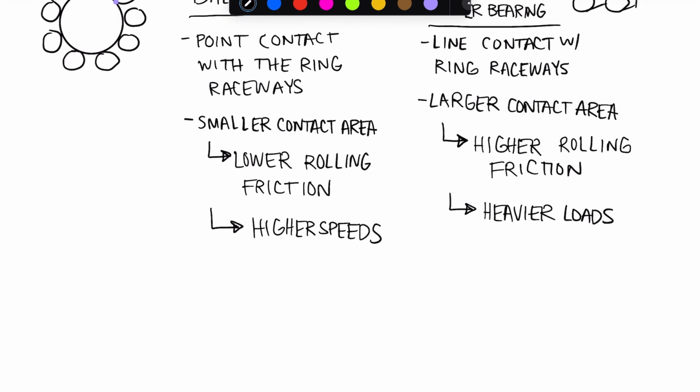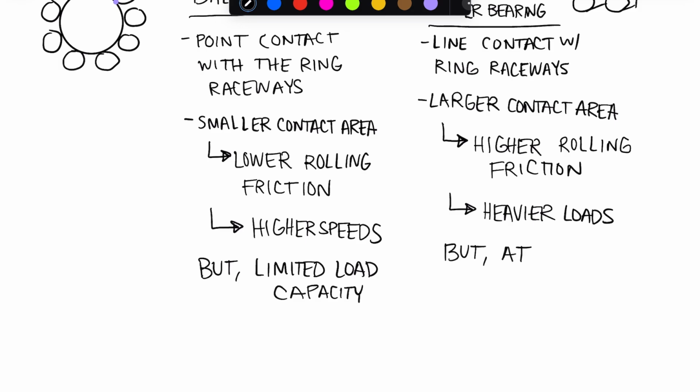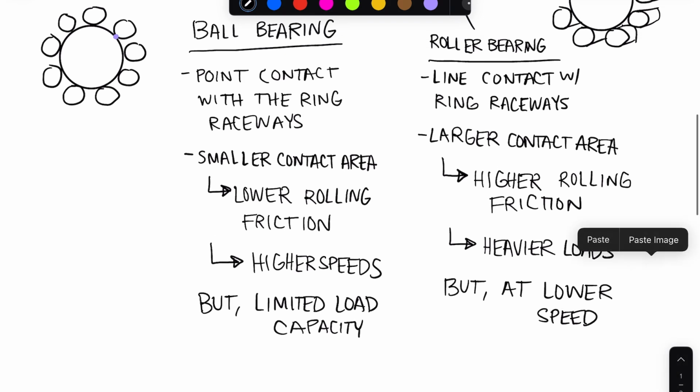Okay, so for ball bearings, we have a limited load capacity. And for the roller bearings, we have lower speed. So you will see on bearings for trains that they tend to use roller bearings, right?